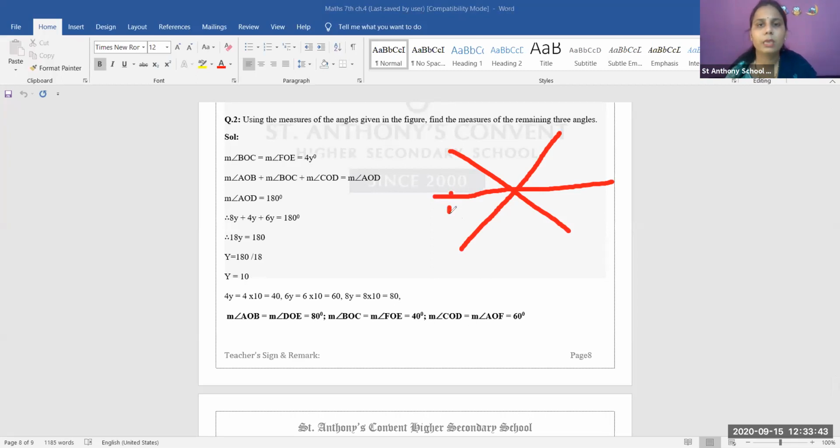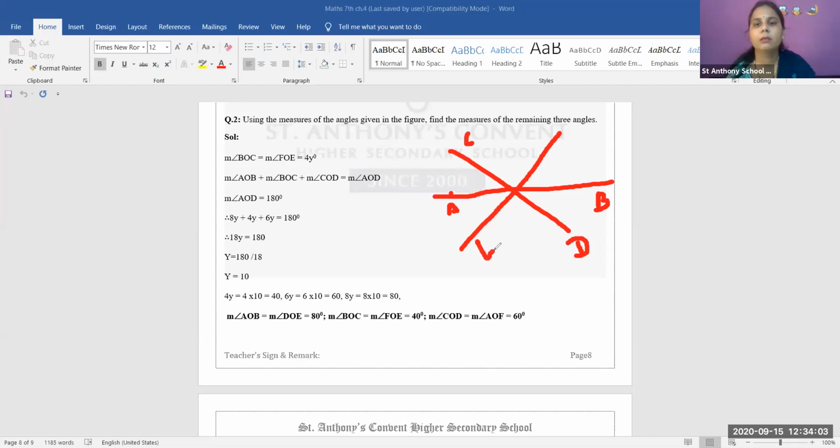Here A. This line is AB, then line CD, and then line EF.